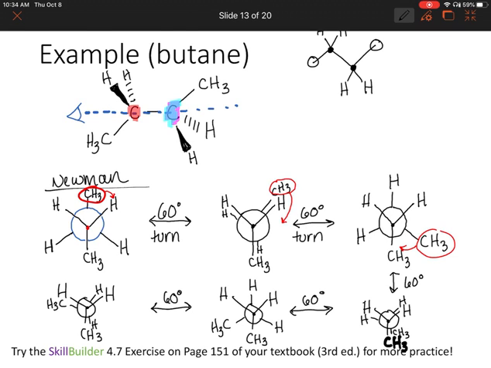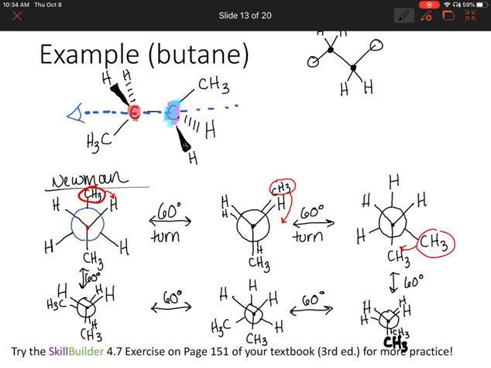And we have another eclipsed conformation. And this one looks very similar to the second figure we drew. So the methyl group is kind of right behind a hydrogen. And then if we did another 60-degree turn, we just end up with our original structure.